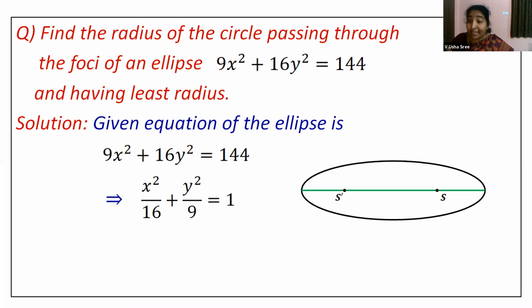That means the circle is passing through both the foci and it should have the least radius possible. Okay. Now, you may have the circle like this. Now, this is an assumption. We cannot say the circle exactly looks like this. Why? The circle may be smaller, which may have a radius less than the length of the minor axis also, less than the value of b.